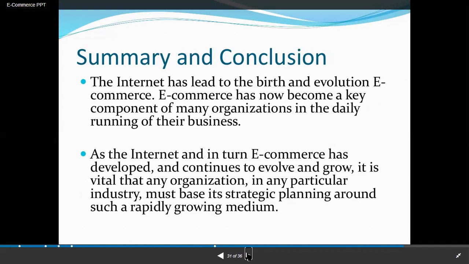As the internet has developed, e-commerce continues to evolve and grow. So every organization going into business has to go through all the e-commerce facilities available to them.